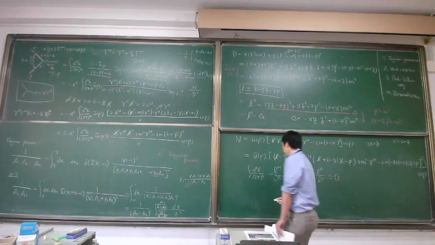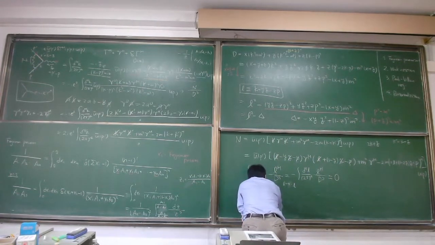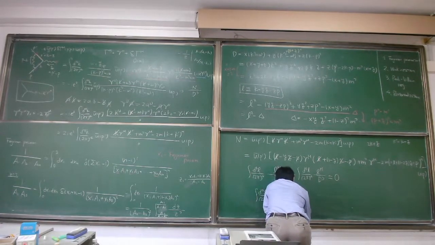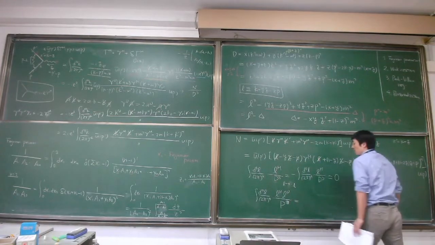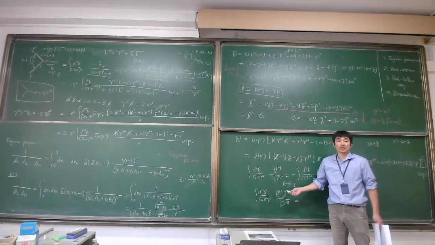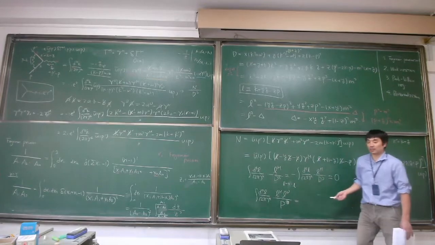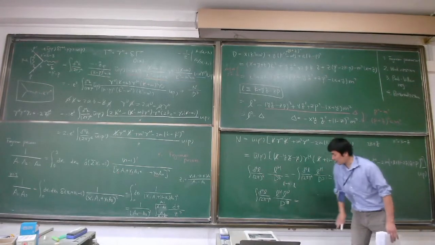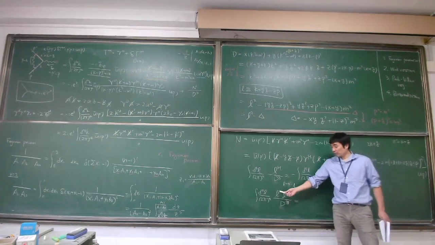And also, if you have d to the 4 L over 2 pi to the fourth, dq, the same reason applies if mu and nu are different indices.